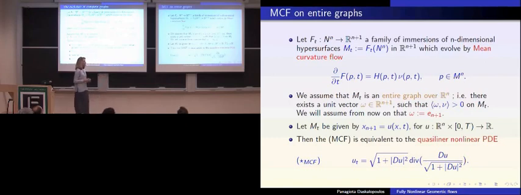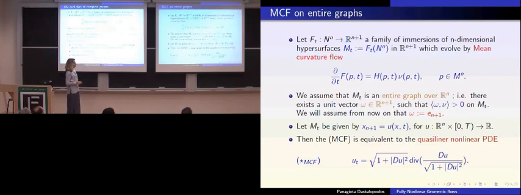Of course, there are a lot of geometric equations that have been studied in the complete setting in relation to relativity or other subjects. But let's consider a hypersurface M_t which is a graph embedded in R^{n+1}, which moves by the mean curvature flow.